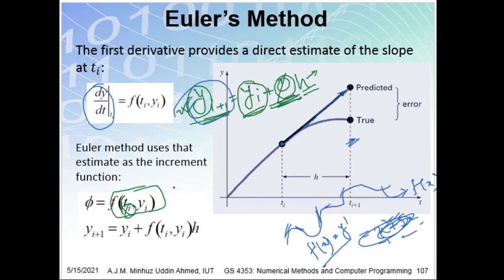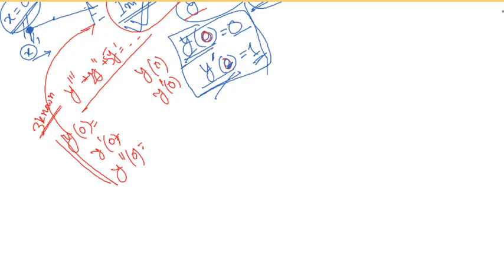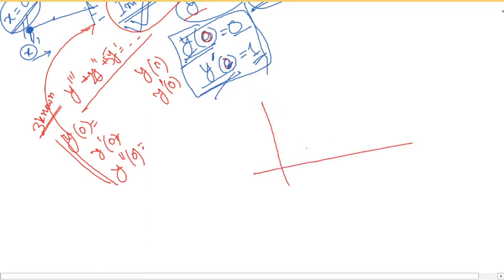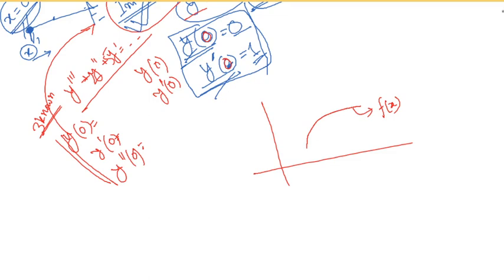If I make it clearer to you, I'm going to sketch it so that it will be easier for you to understand. Say, for example, this is the original function, not the ODE function. This is the original function, but we know the slope at different points, that is the derivative function.